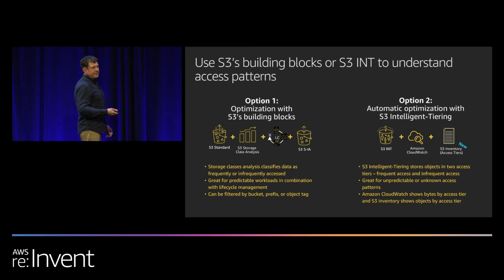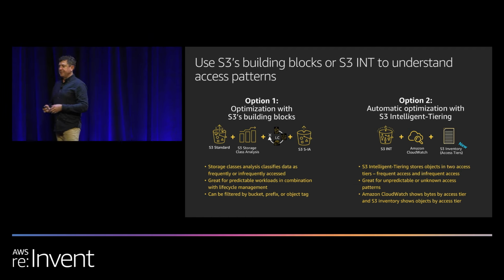So turn on storage class analysis, let it run 30 to 45 days on that bucket, and then accordingly develop a lifecycle policy. And you can do that in various combinations. It could be a fairly complex lifecycle policy, and I have an example on the next slide that tiers across various storage classes.